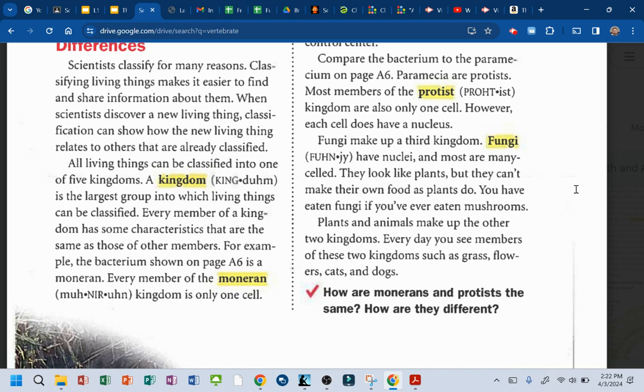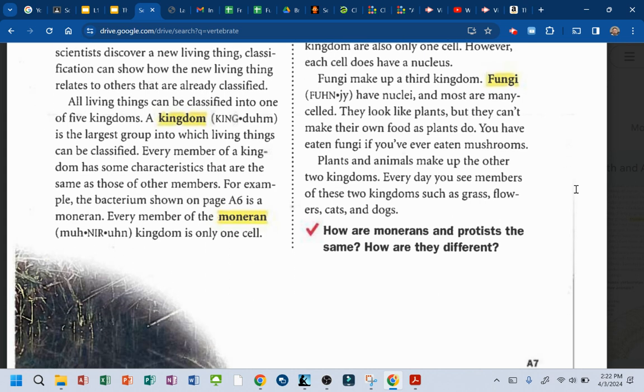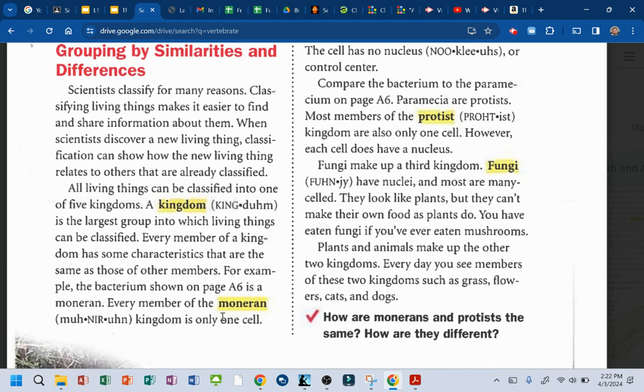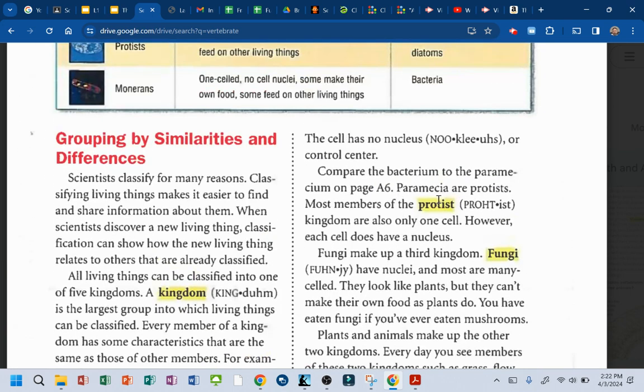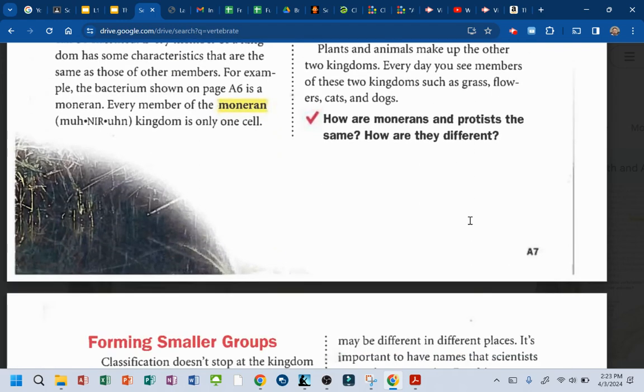Plants and animals make up the other two kingdoms. Every day, you see members of these two kingdoms, such as grass, flowers, cats, and dogs. So, the question I have for you is, how are monerans and protists the same, and how are they different? And so, they went through that here and here. Okay, a little comparing and contrasting.